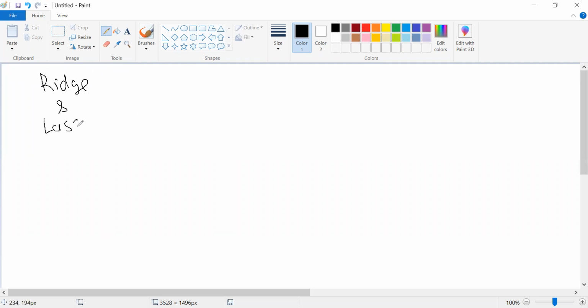Now the question over here is, do people remember linear regression? Take 2 minutes and revise. Or 3, 4 minutes. Just revise it, because Ridge and Lasso are variants of linear regression. If you don't remember linear, then you will have difficulty with Ridge and Lasso anyway.